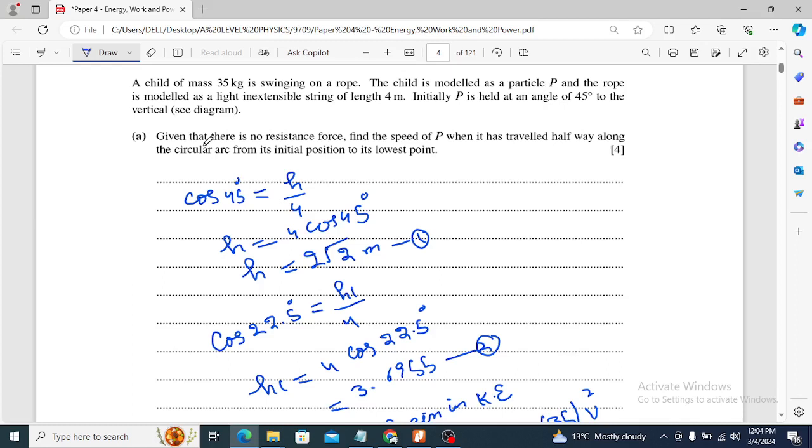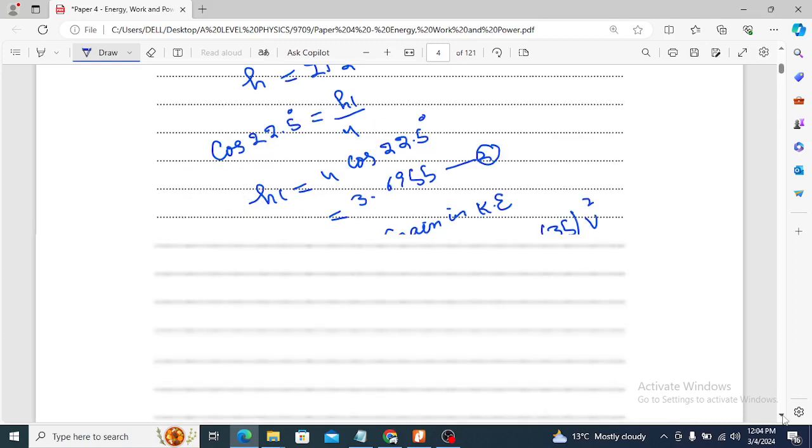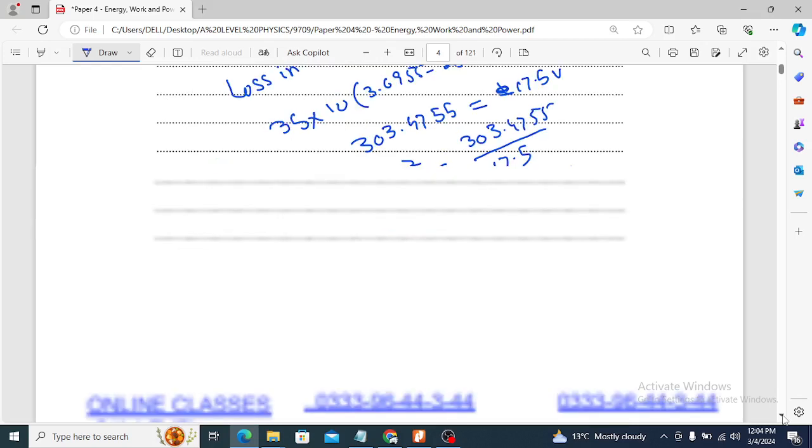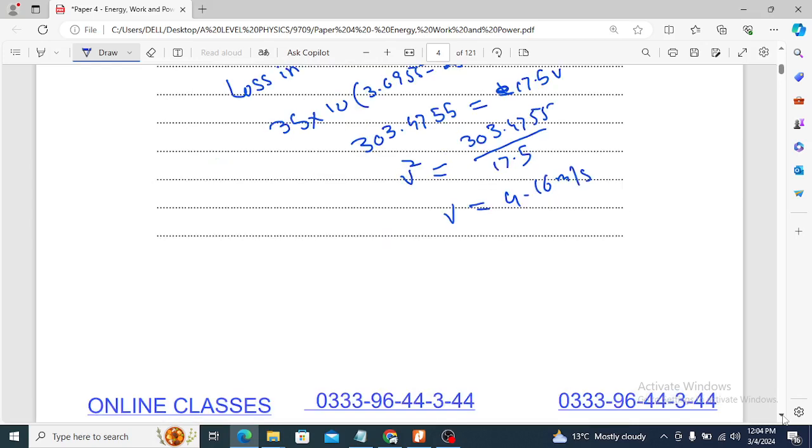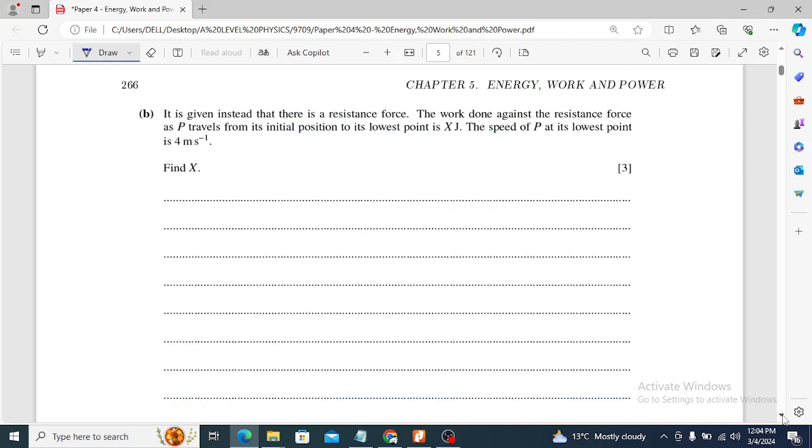This was the speed of P we wanted to calculate. This is the speed we get from this part. It is given instead that there is a resistive force.